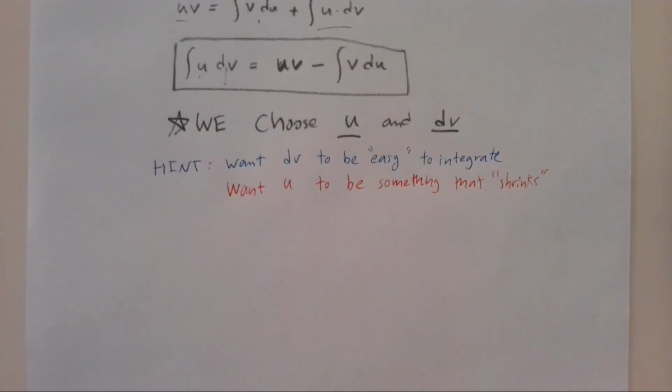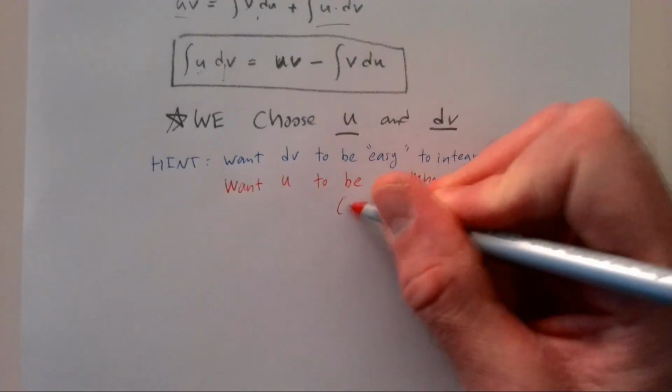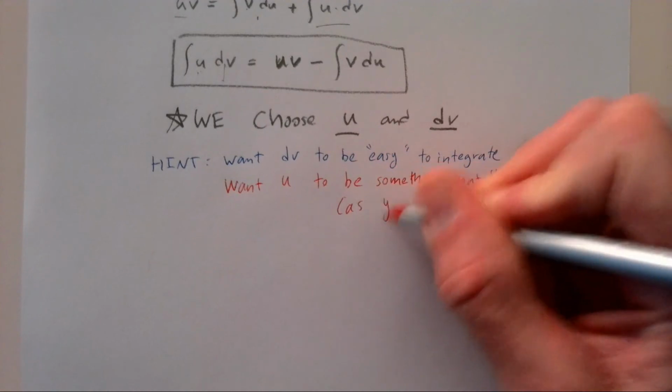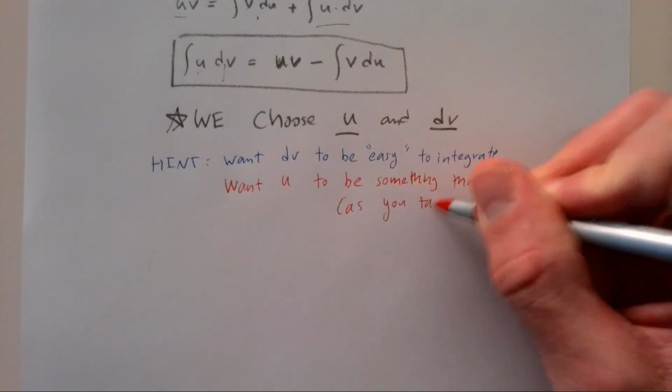Okay, so what I mean by that is, it's not decreasing by the technical definition of as y increases, the x values decrease. What I mean by shrinks is, I'll say in parentheses, as you take derivatives.